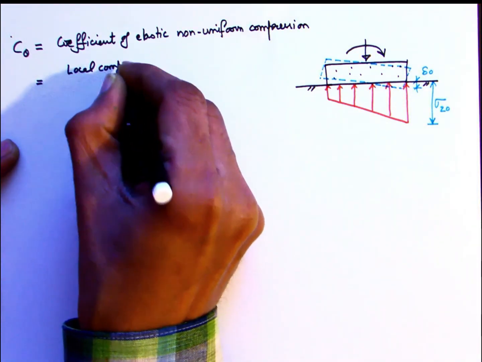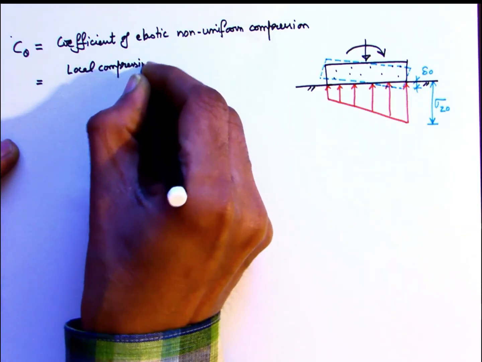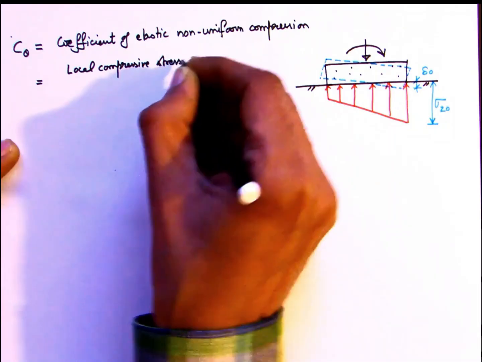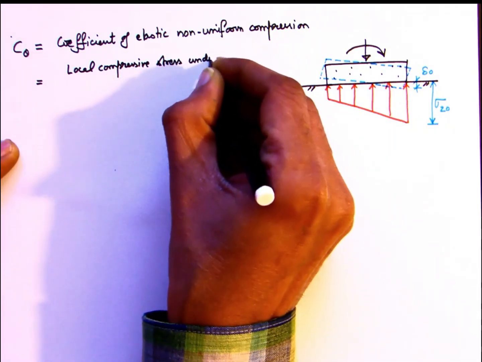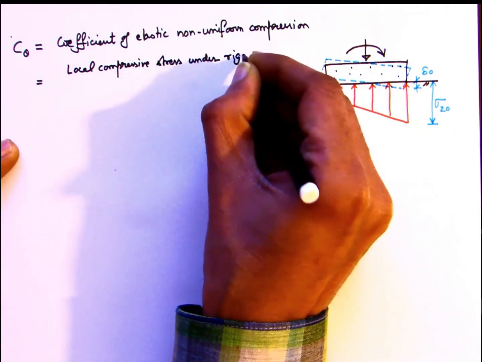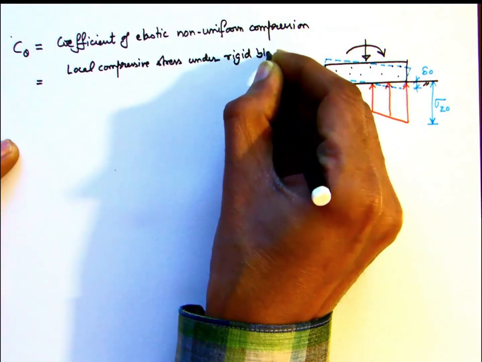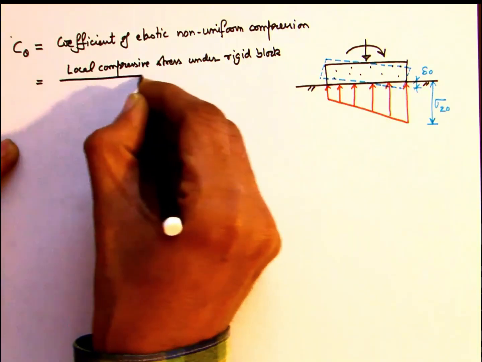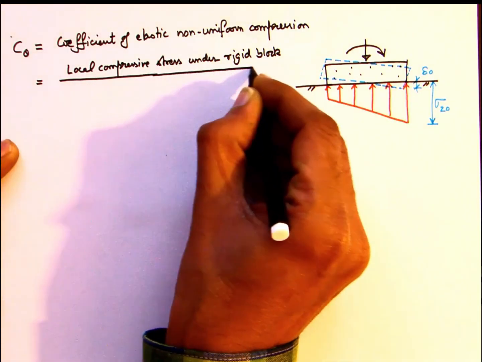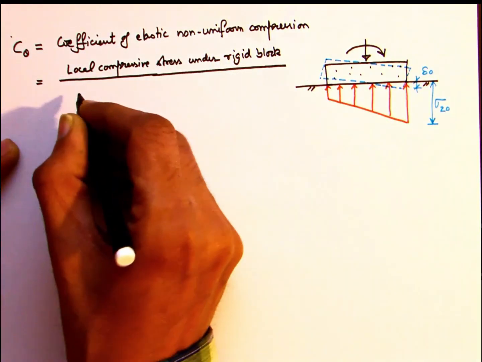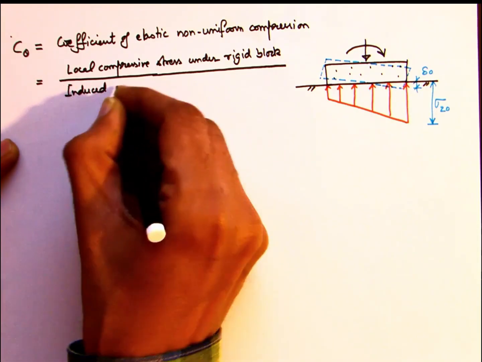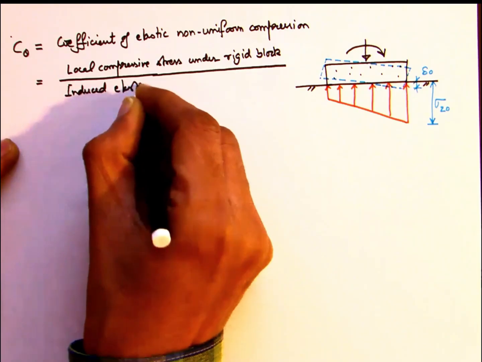It is basically the ratio of the local compressive stress at the point which we are considering to the corresponding vertical displacement at the same point.